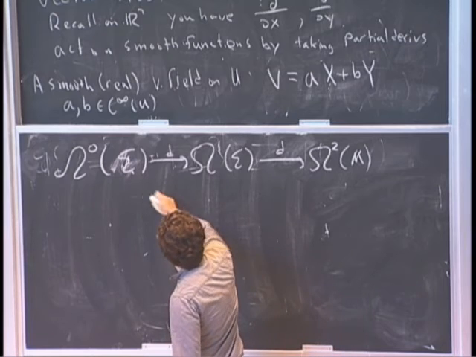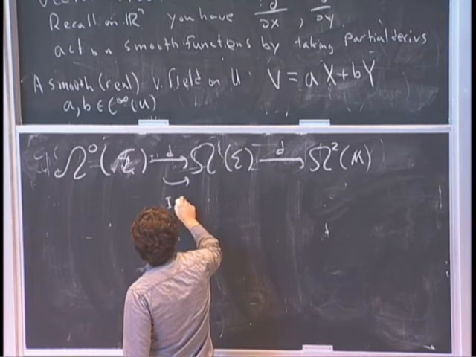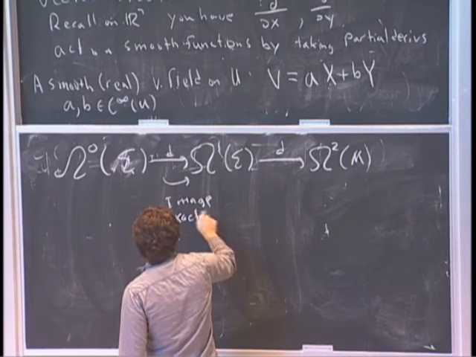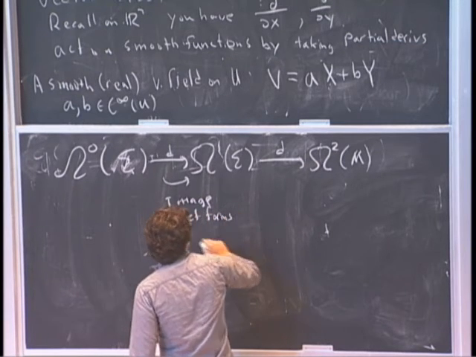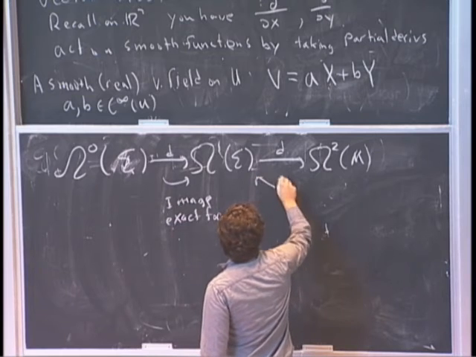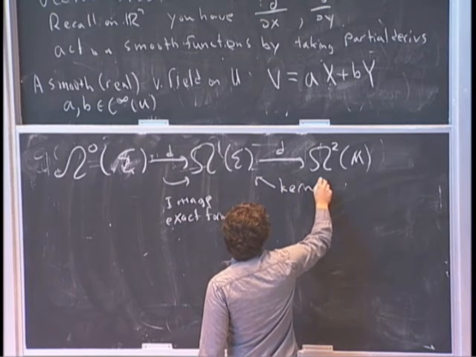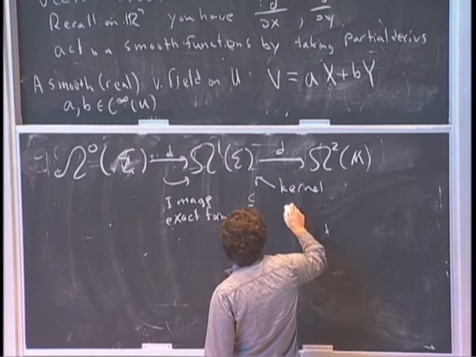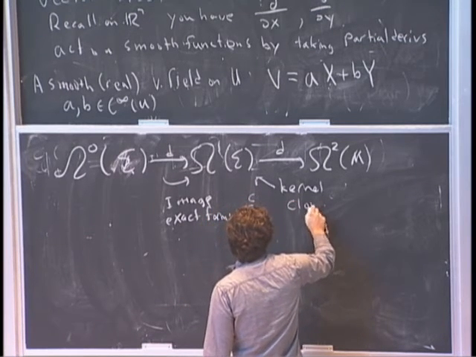right. So we call the image of this guy the exact forms, and the kernel, so the elements getting sent to 0, which what we just observed is that the image is inside of the kernel, are the closed forms.